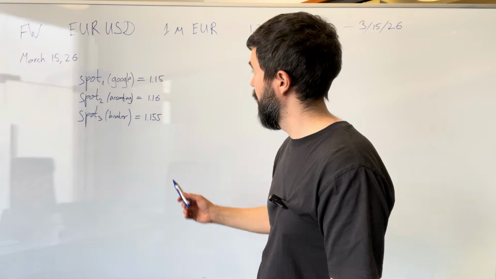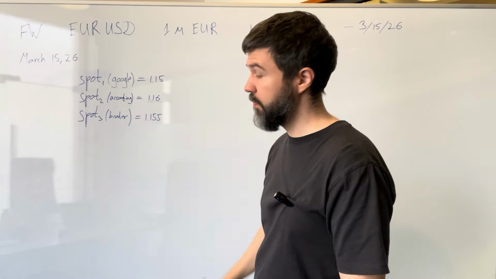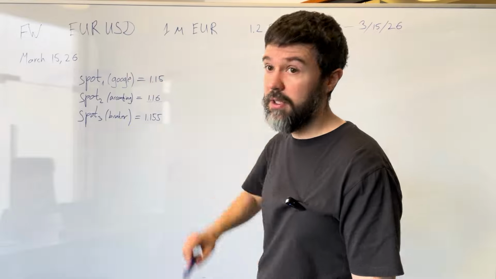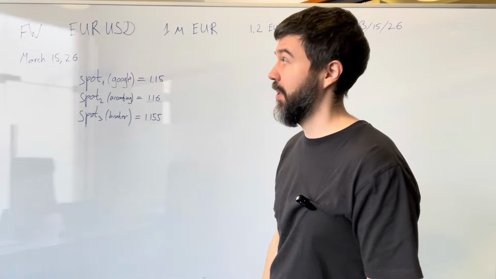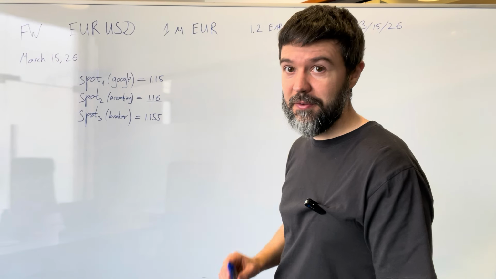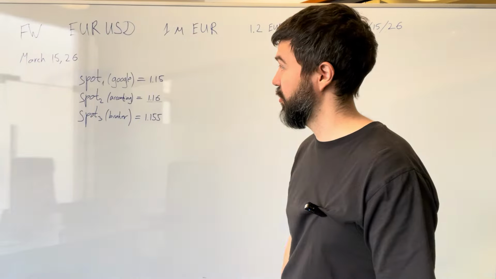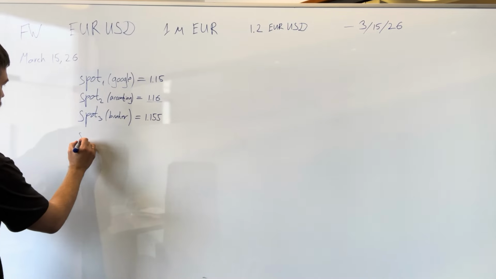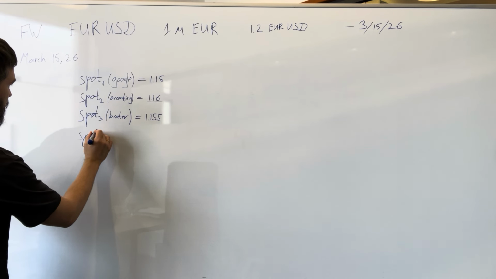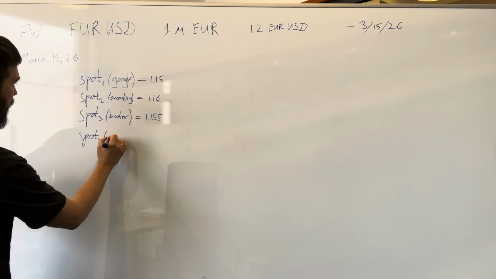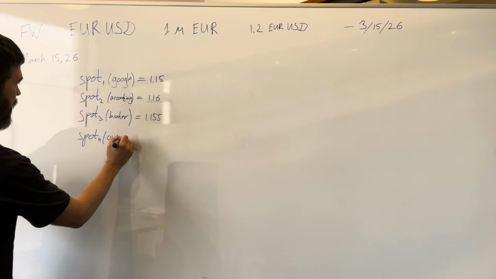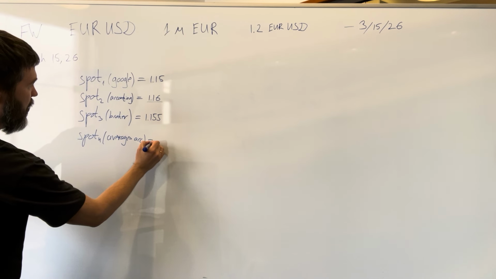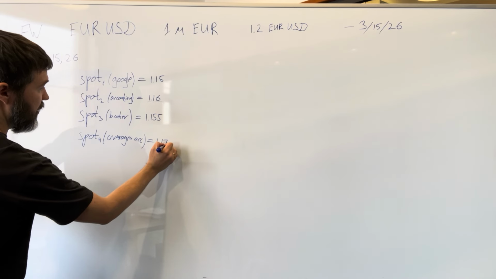That's a good one. Yeah, you choose the accounting rate. What do you choose it for? And this is for March 15. You also have the rate at the end of the month, and it's also different. And you also have the average rate. Let's put it here, spot 4, average, accounting, 1.17.